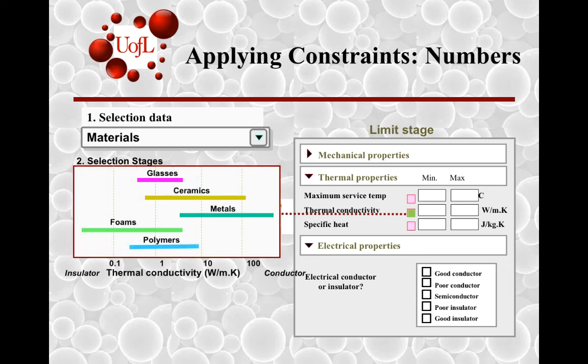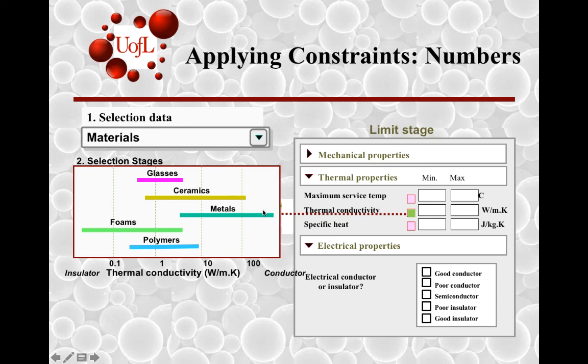At the first stage, the selection stage, here, if you decide that we want to look at thermal conductivity as a property, for all the different material classes, thermal conductivity is provided over this type of a range. Right? So these are called bar charts. And you can see that for families of materials, typically these properties fall within a specified range.